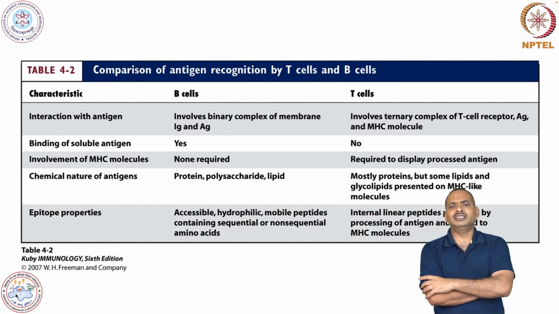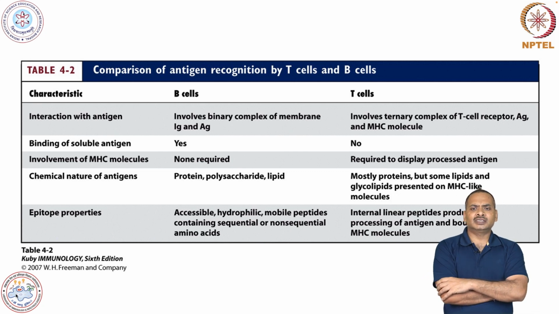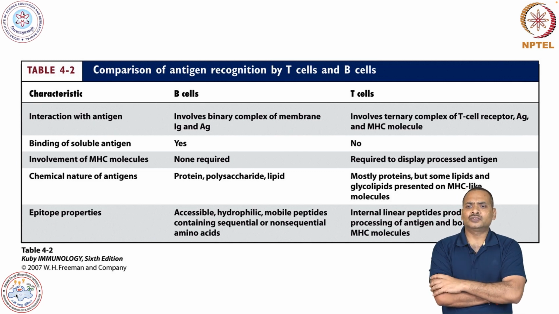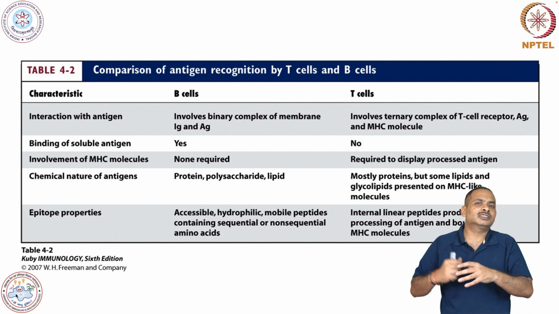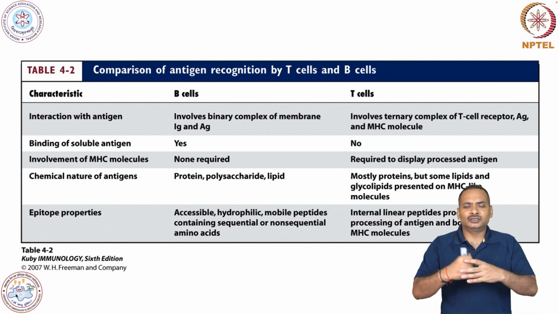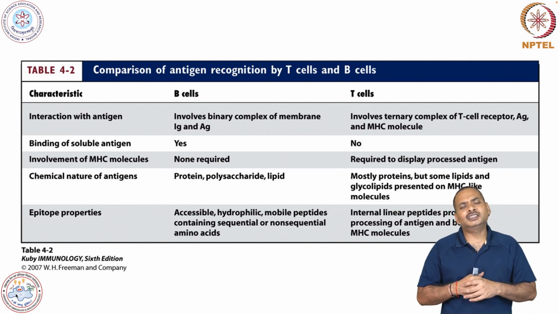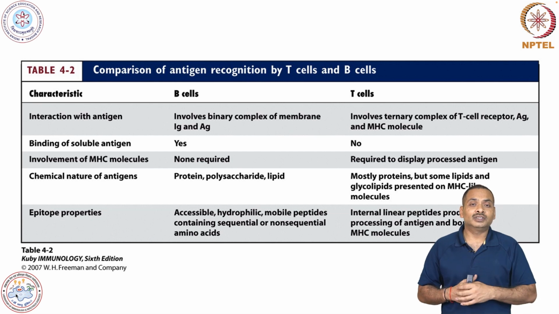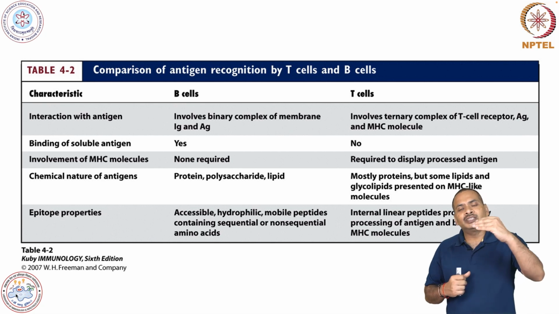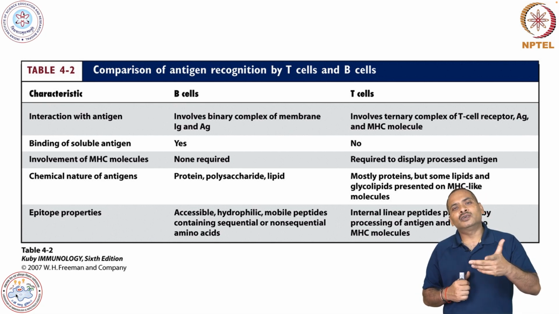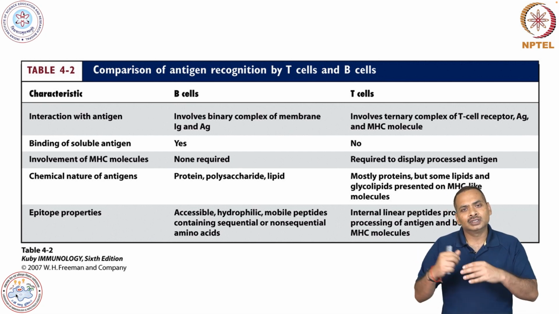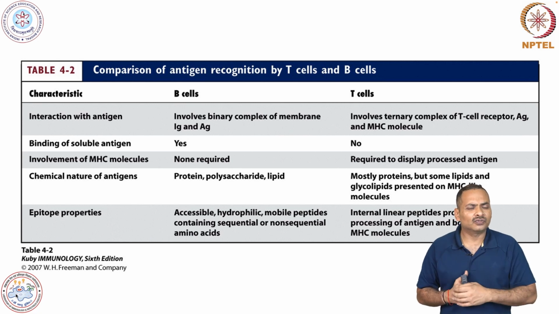But in case of T cell, it is a ternary complex of the T cell receptor. The T cell receptor consists of two polypeptide chains, as you will see in subsequent sessions. It consists of alpha and beta chains, which is the predominant form of T cells.